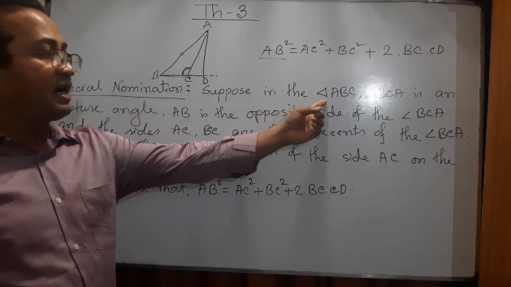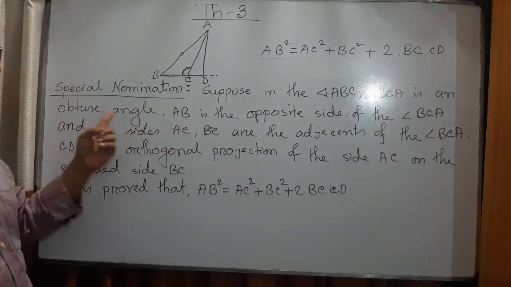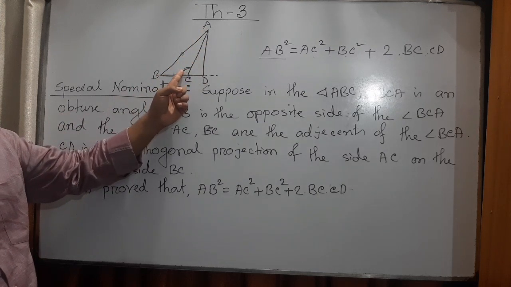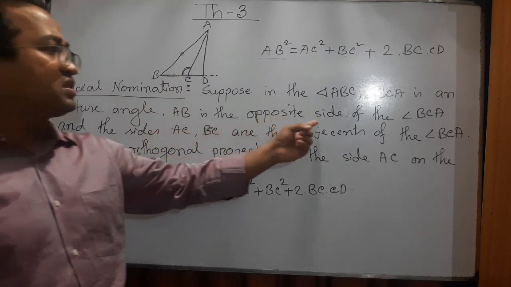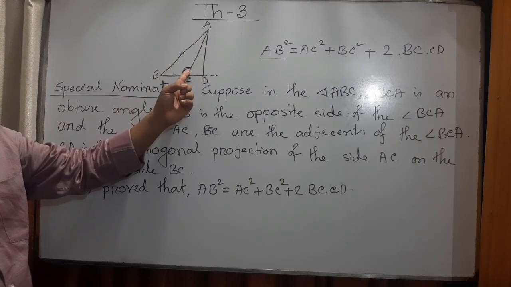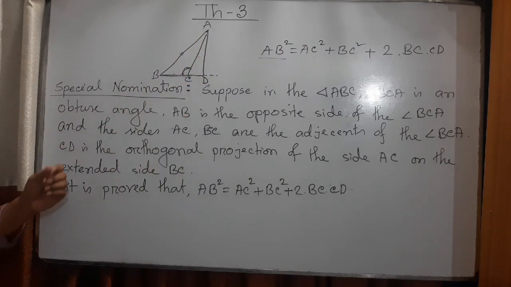Now come to the special nomination. Suppose in triangle ABC, BCA is an obtuse angle, and this is the obtuse angle. AB is the opposite side of the obtuse angle BCA.